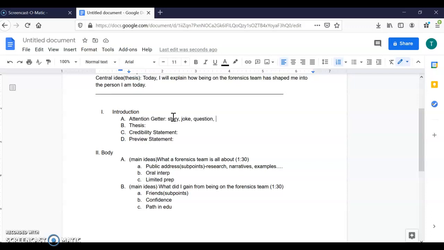If you ask a direct question, like, how many of you have ever been involved in an extracurricular activity, ask that question and wait for your audience to respond. Since we're not actually responding, you can still use a direct question, but wait a couple seconds and then move on to your thesis.